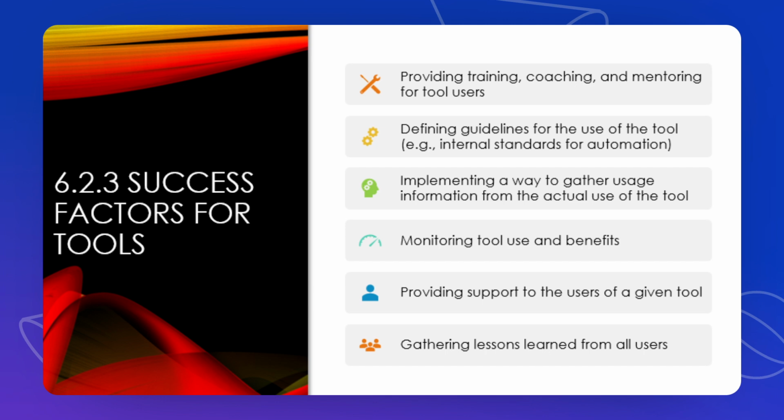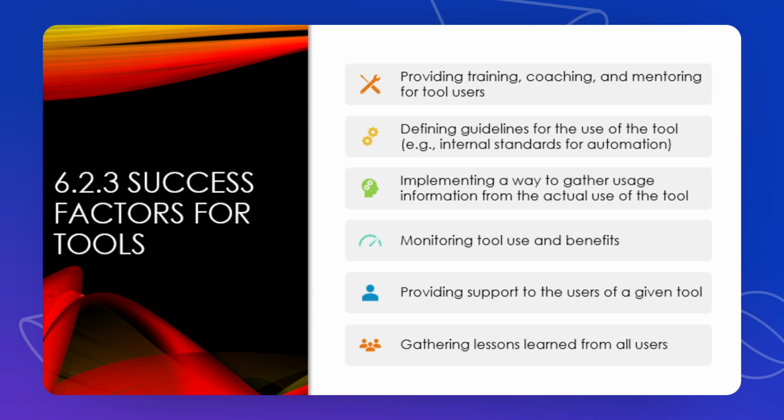Success factors also include providing training, coaching and mentoring for tool users, defining guidelines for the use of the tool, for example internal standards for automation, and implementing a way to gather usage information from the actual use of the tool, monitoring tool use and benefit.